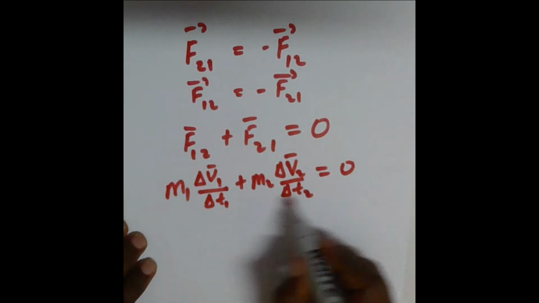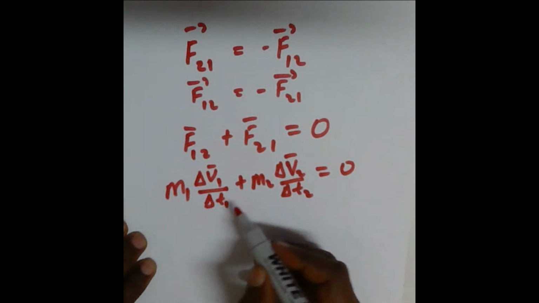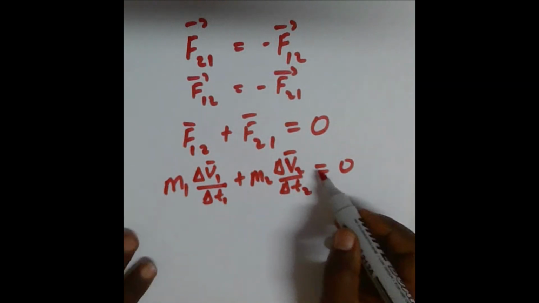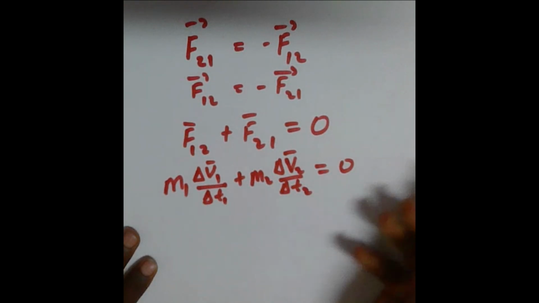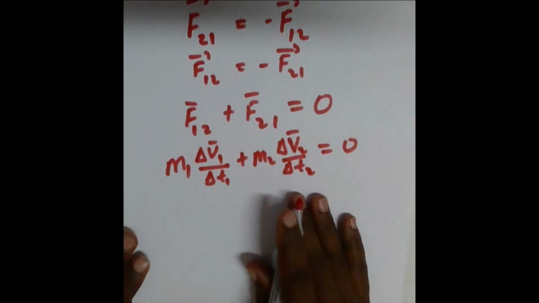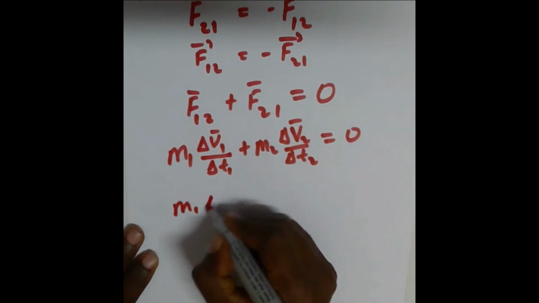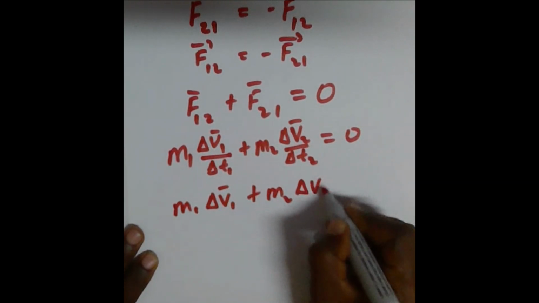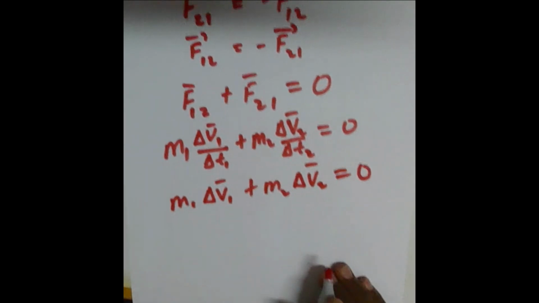We know that the change in time is the same for the two, so we multiply by this number, which is equal to 0. Therefore we finally have m1 change in v1 plus m2 change in v2, which is equal to 0.